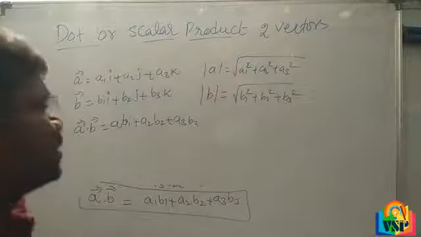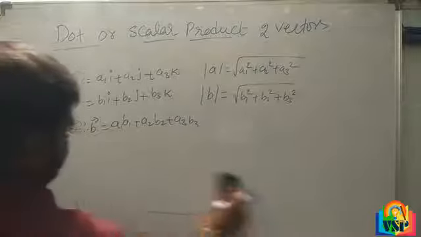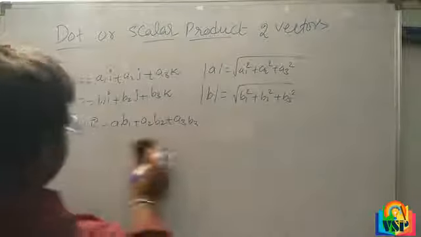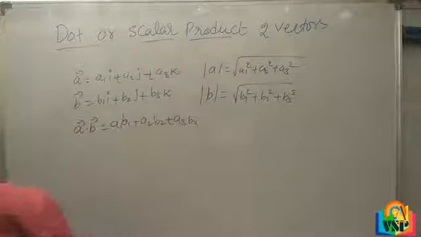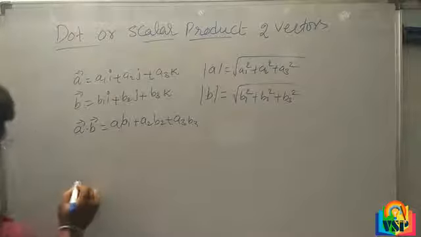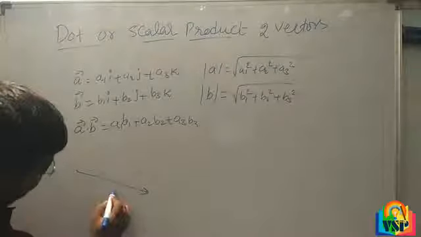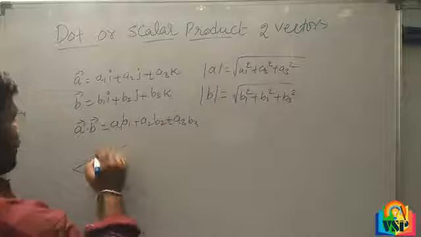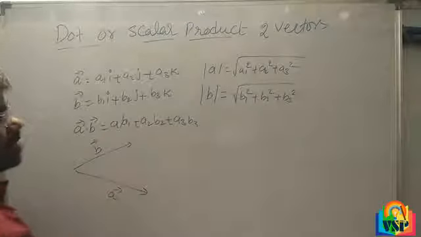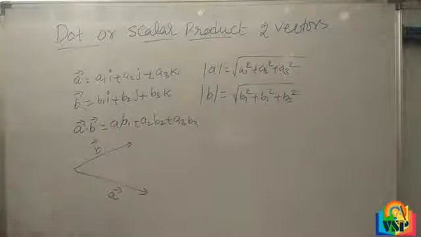These are the final results for the two vectors A bar and B bar.